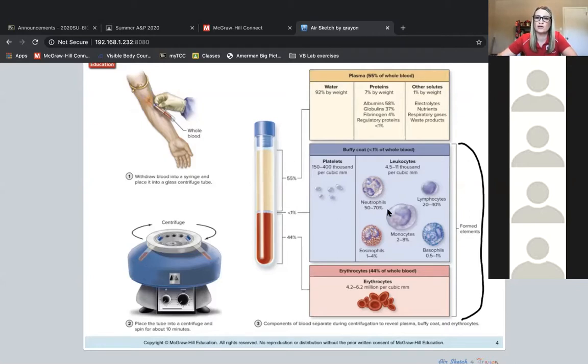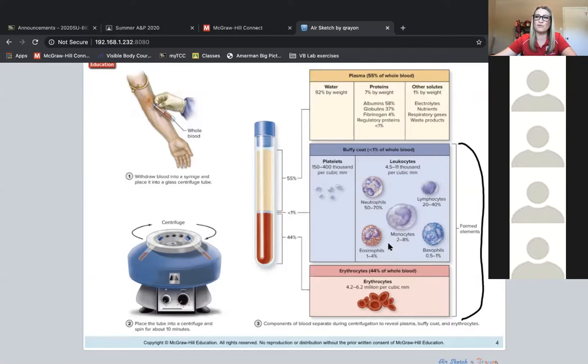The eosinophils, their characteristic feature is being good at fighting multicellular parasites, like worms and such. Most commonly it's worms for the multicellular parasites.